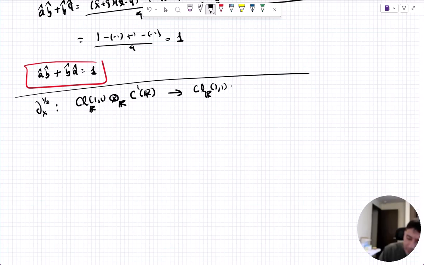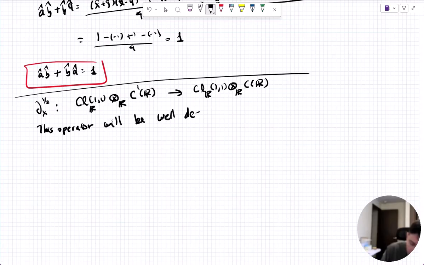The scalars become a Clifford algebra in this case, over functions on the real line. Now we claim that this operator is well defined, and we're going to show it, right?